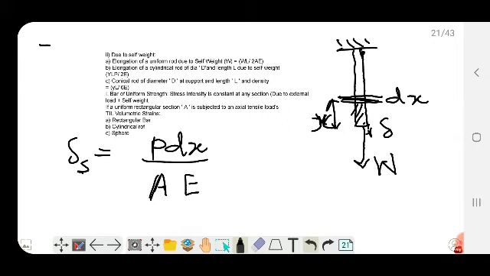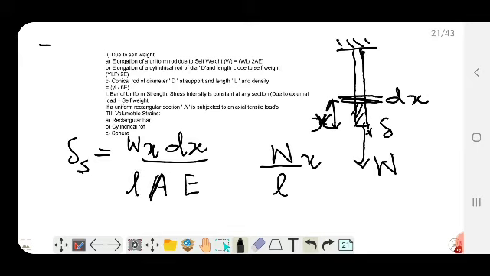It is nothing but W if the weight is varying throughout the length uniformly. So it can be written to be W by L into X, I believe. So this P can be replaced by nothing but W X by L.